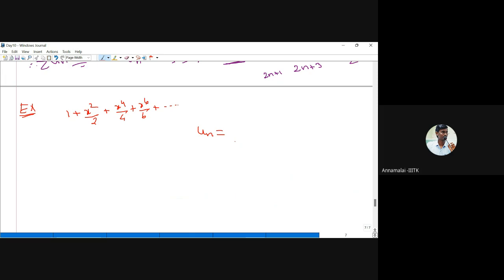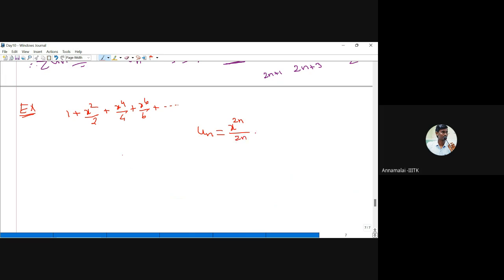Only even powers appear: x square, x power 4, x power 6. Therefore, the nth term is x power 2n by 2n.